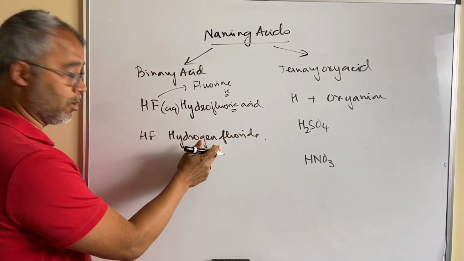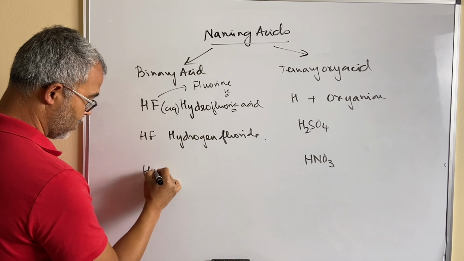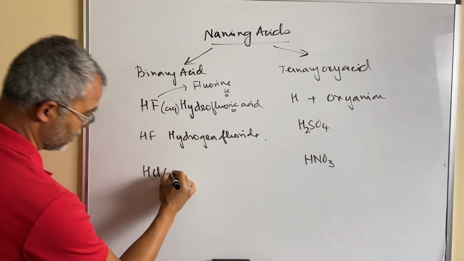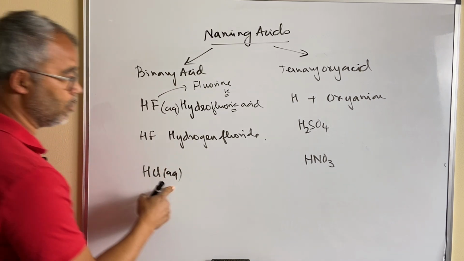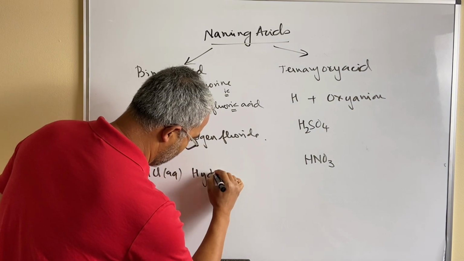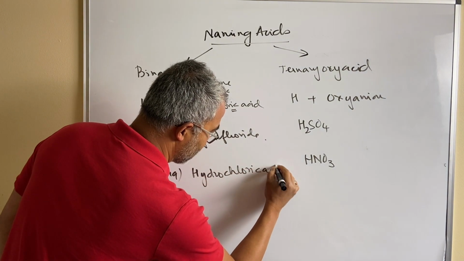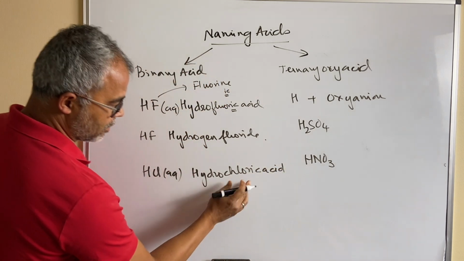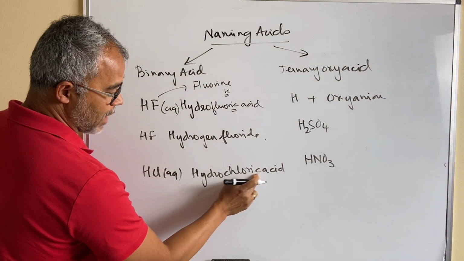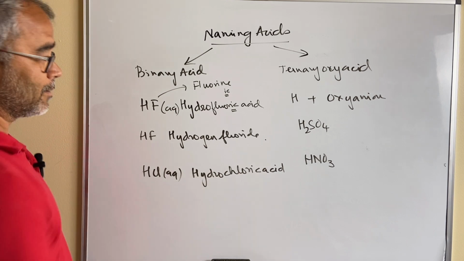And sometimes you put a monofluoride. Okay, if you put an HCl, writing it as an acid, look for the AQ. That would be hydrochloric acid. Why chloric? Because chlorine, INE, you drop the INE and replace it with IC.